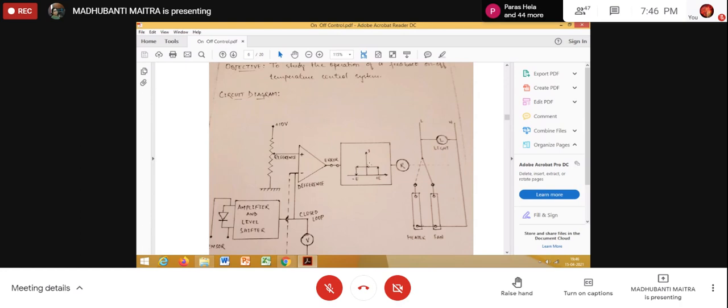Since H on is 1, the relay coil will be energized, and hence again this contact will be connected to this point. Right? So now from 65 to 75, ideally, H on will remain on.